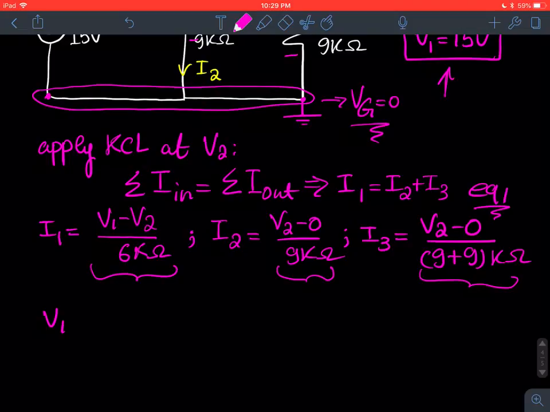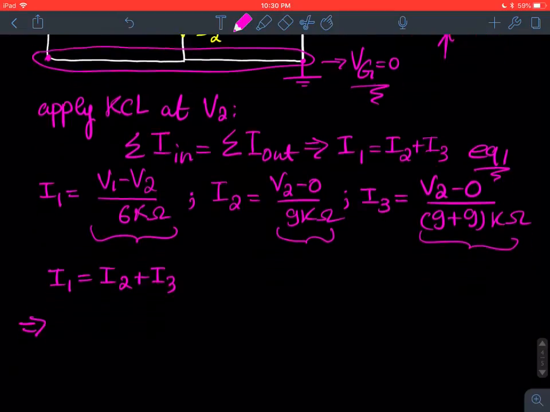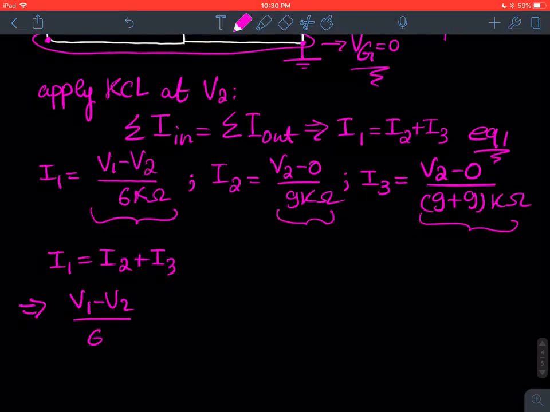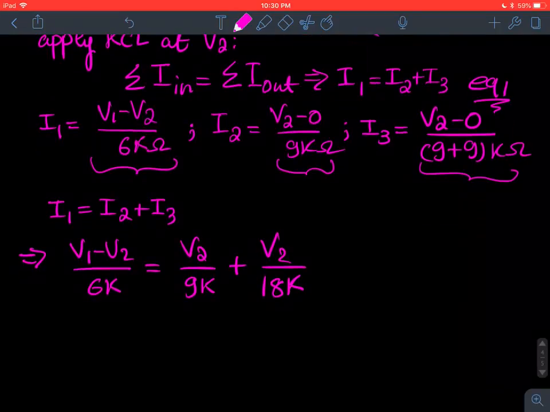So V1, let me just rewrite this equation. I1 equals I2 plus I3. So in other words, instead of I1, I can write V1 minus V2 over 6K equals V2 over 9K plus V2 over 18K.